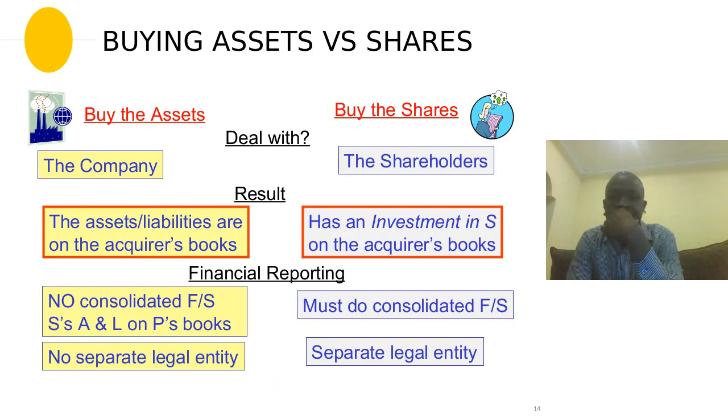Those are some of the forms that we can have in business combinations. Now, if we look at a case where you are buying the assets versus when you are buying the shares, when you buy the assets, you have to deal with the company itself.